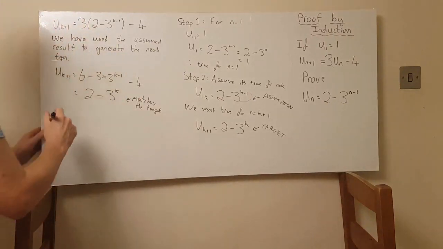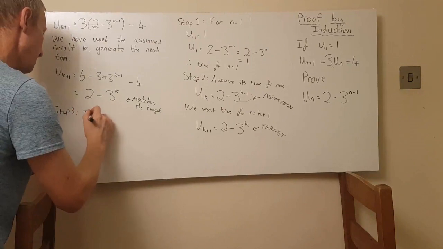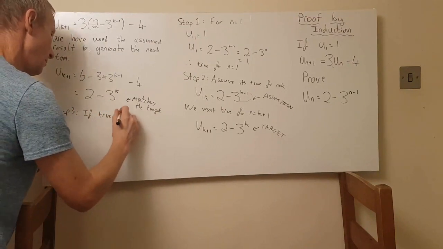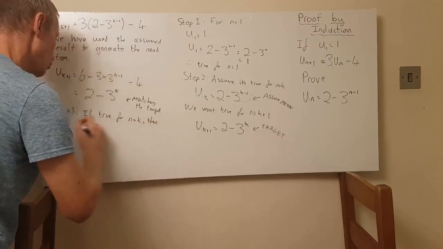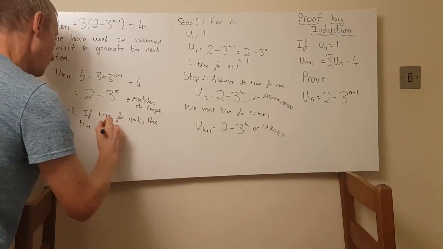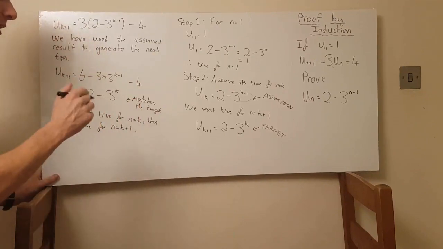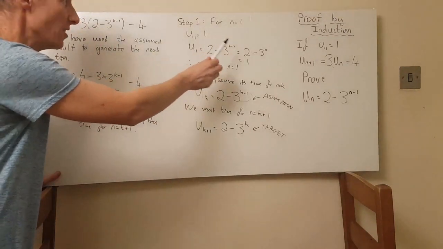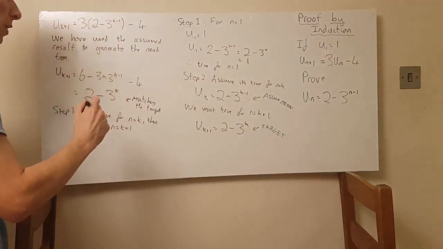So to complete the proof, step 3, we say if true for n equals k, then true for n equals k plus 1. However, the first thing we did, looking back up here, was show it was true for n equals 1.